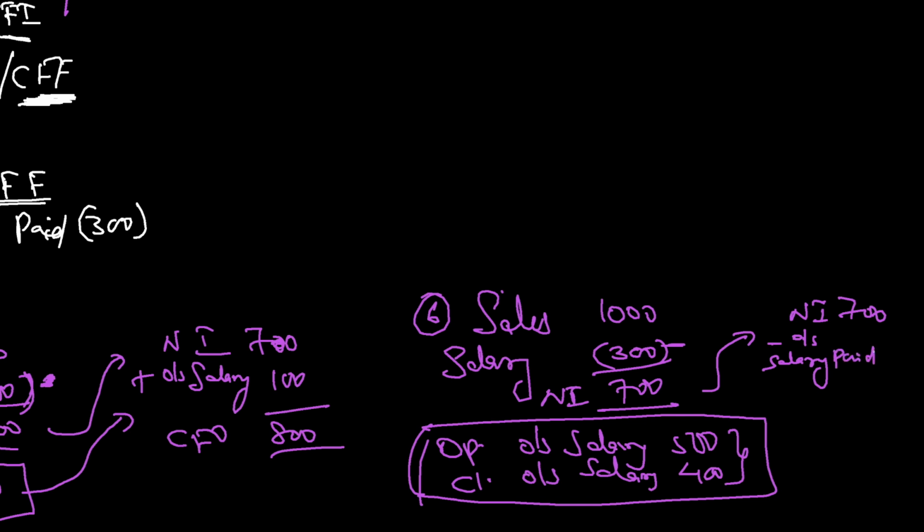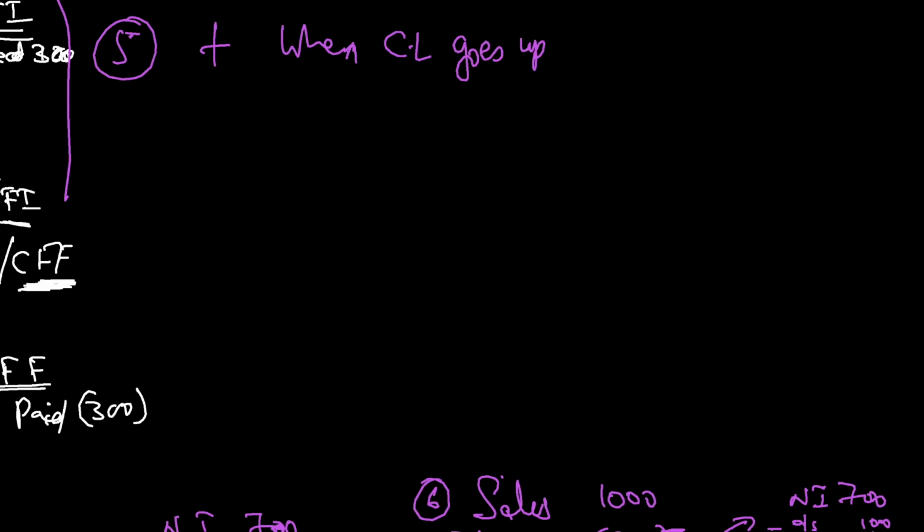Outstanding salary paid 100. So I have only 600 as my cash flow from operations. Because my current liability has come down, I have paid more. So that's why from the net income I'm supposed to reduce that amount.